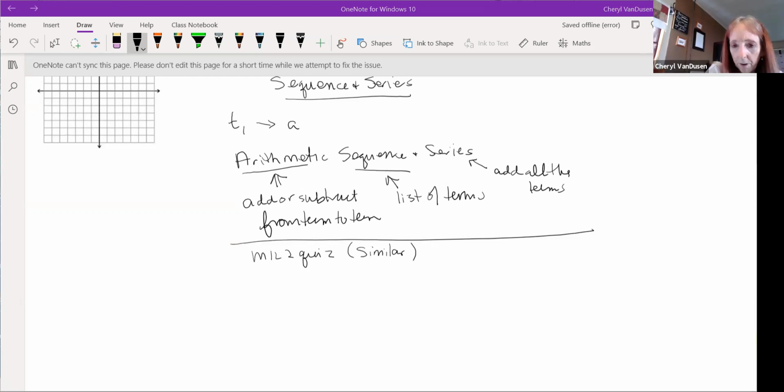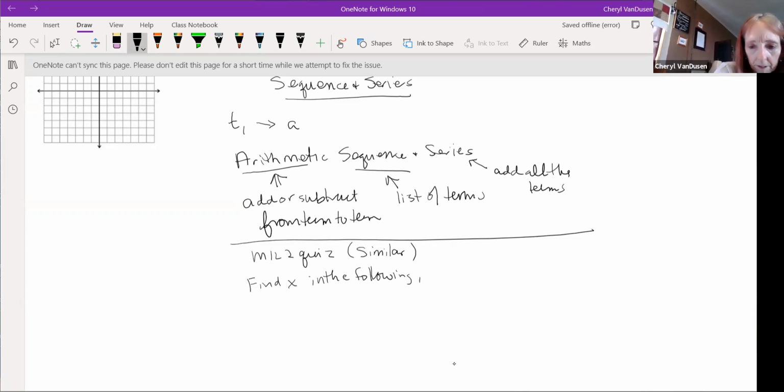So it says, find X in the following if these are terms in an arithmetic sequence.